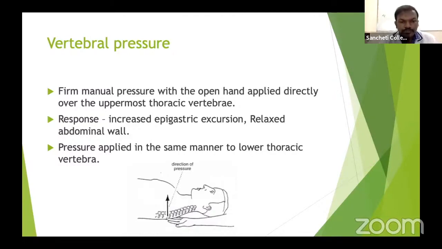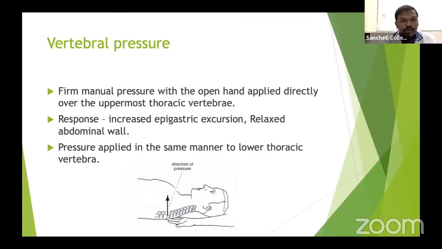Firstly, we apply pressure on the upper thoracic vertebra and a lower thoracic vertebra. So how can we apply this? With your open hand, you have to directly apply the pressure to the uppermost thoracic vertebrae.